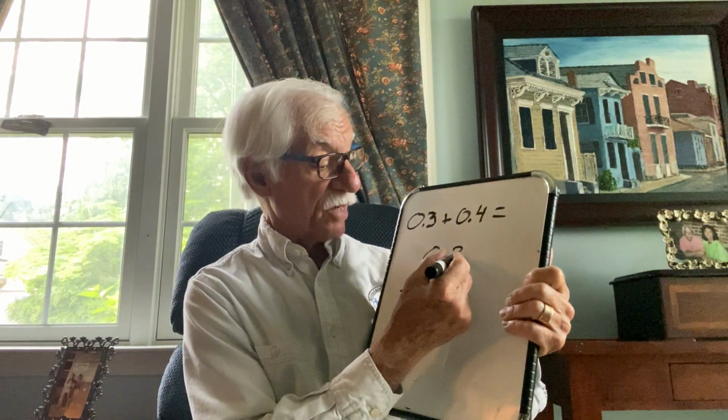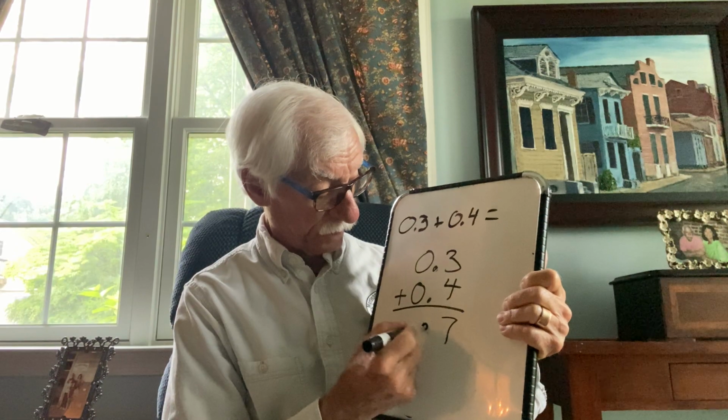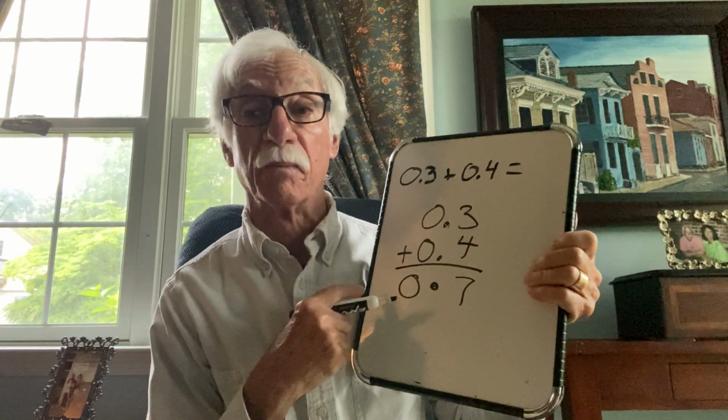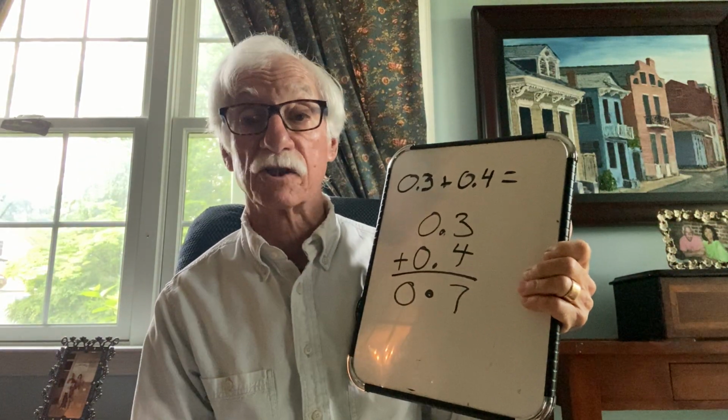So can I add 3/10 and 4/10? I sure can. I get 7/10. And I can put that zero there for the whole numbers, just demonstrating that what I've got here is a decimal fraction.